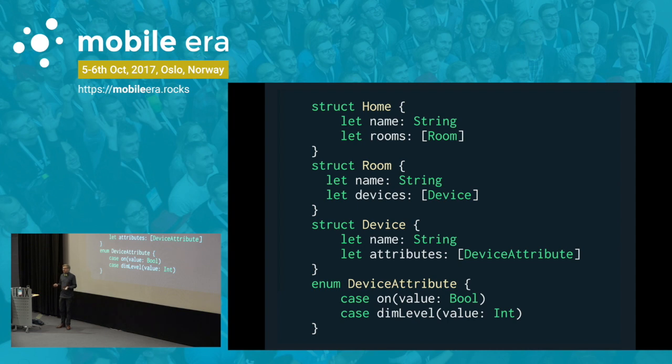We were thinking at the start like one device can do one thing, but it's actually not true, because you can have wall sockets that actually control temperature, that can report temperature. You have light bulbs that can control temperature, and you have all sorts of combinations. So we said it's an array of device attributes. It can be on, it can have dim level. So dim level is for dimmable lights. You can dim them down or up, or you can turn them off. So those are both these device attributes.